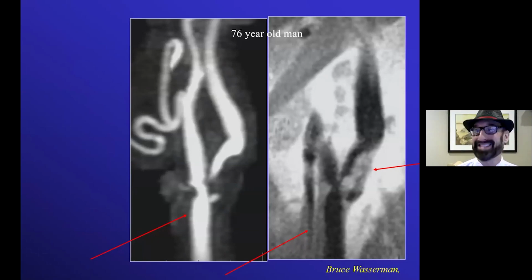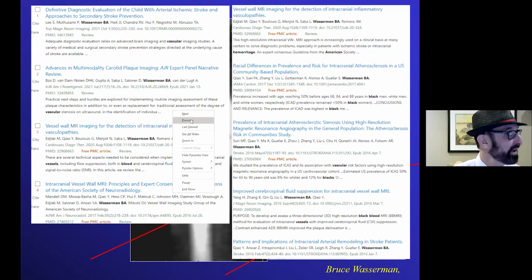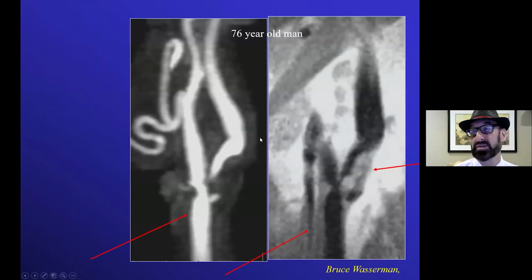I have been blessed, and I am grateful for the presence of Bruce Wasserman in the Division of Neuroradiology at Johns Hopkins for probably around 20 years before he moved on to the University of Maryland. During that time, Bruce was one of the three foremost experts in evaluation of the blood vessels for atherosclerosis with high resolution black blood imaging.